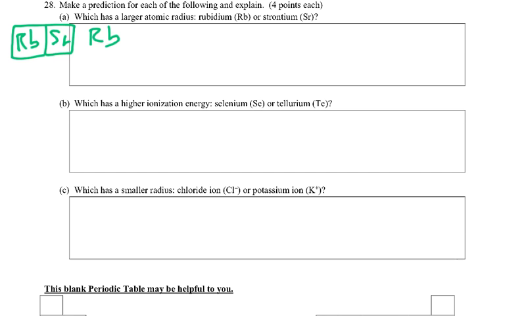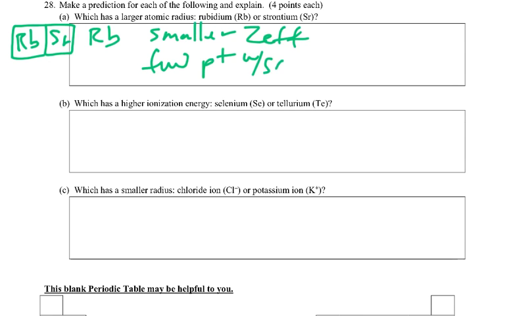Because it has fewer protons with the same shell, or we can say it has a smaller Z effective. So that means that the outer electrons are going to be pulled in a little bit less because of the fewer protons, and that's why it's going to be a larger atomic radius.